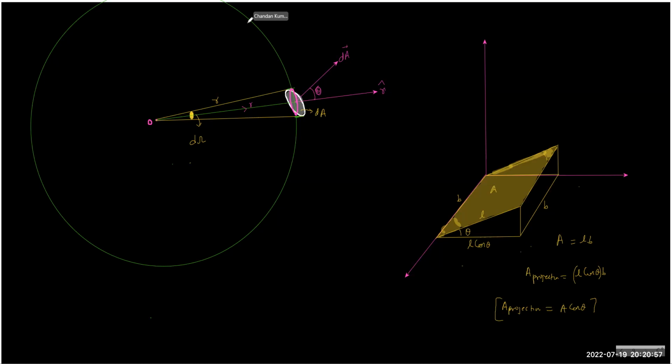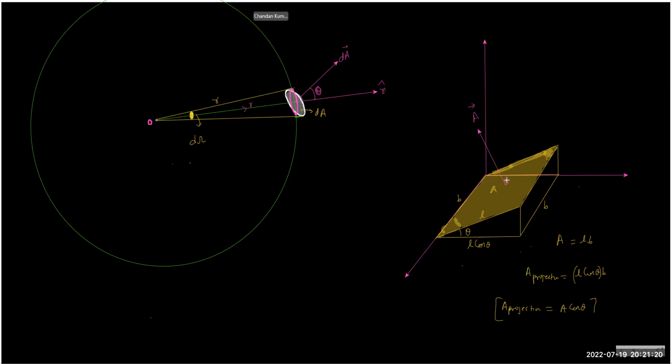So we define area vector always by drawing a perpendicular. This is the A vector. And if you tilt, you can see the projection.